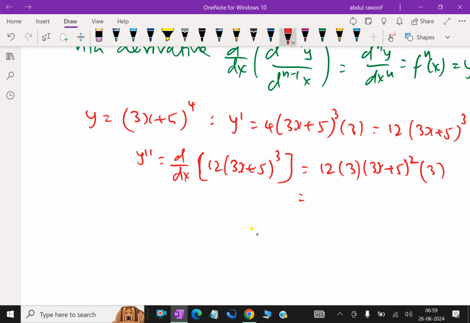So 3 into 12 is 36, 36 into 3 is 108, that is 108 (3x plus 5) power 2. Then it continues: for y triple dash we have to differentiate this with respect to x and multiply with 108. It continues like this.